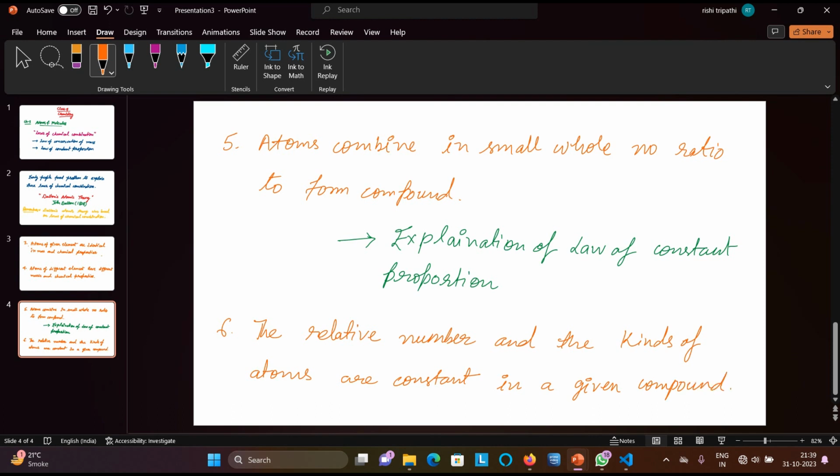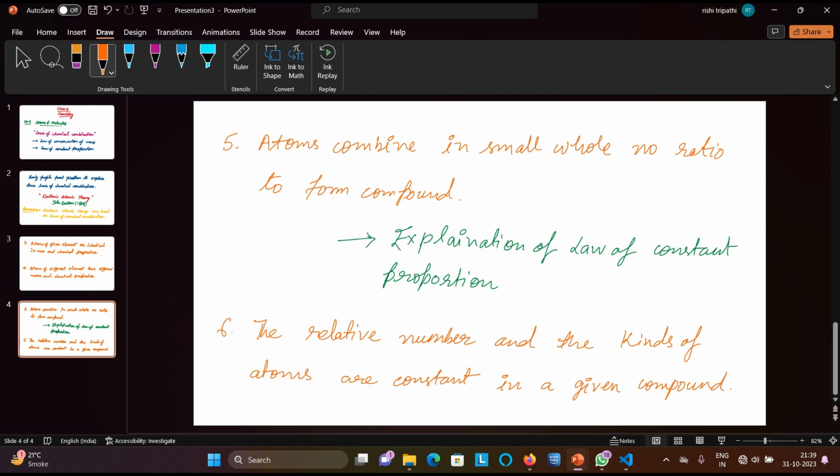The relative number and the kinds of atoms are constant in a given compound. The meaning is that if we are considering the water compound, the number and the kinds of atoms in water will be the same, no matter from which place we are considering it.